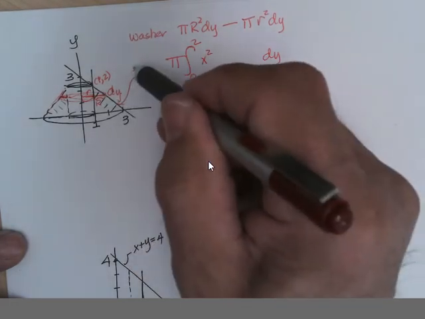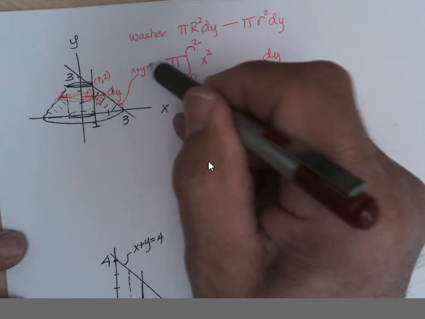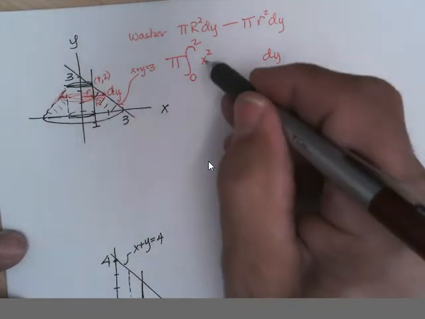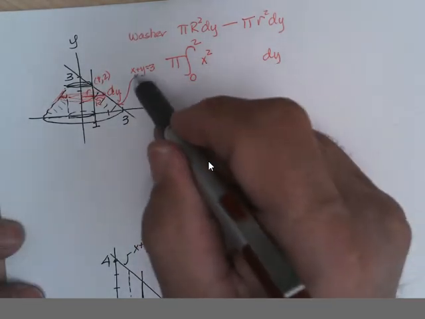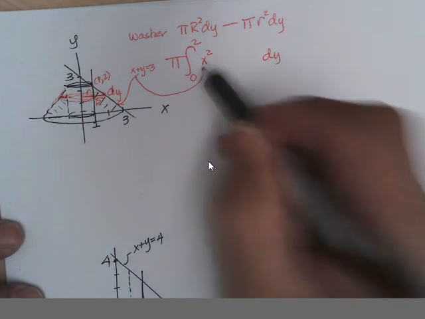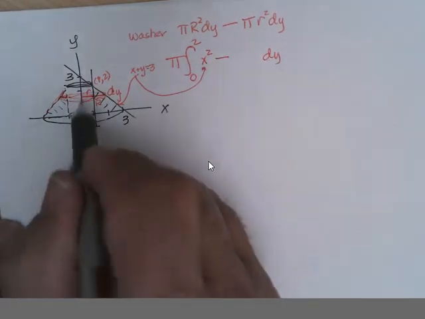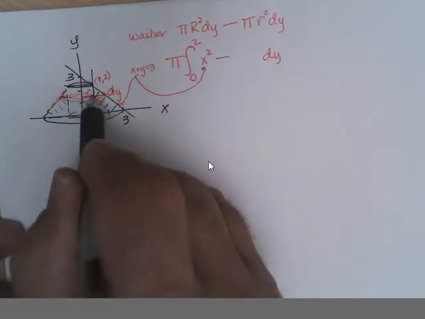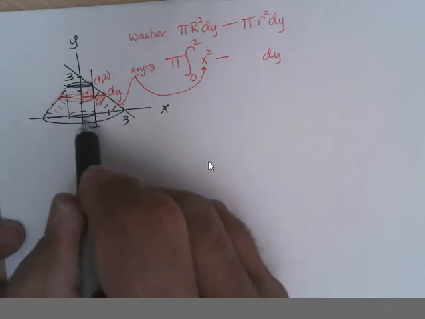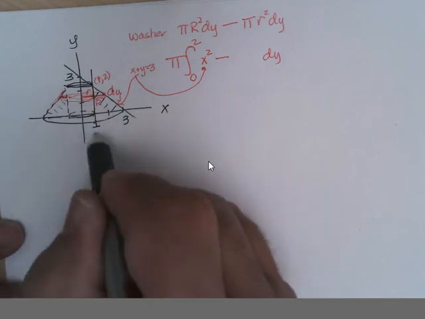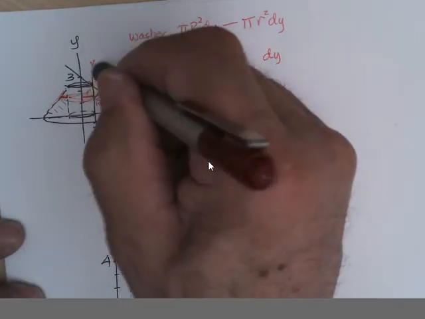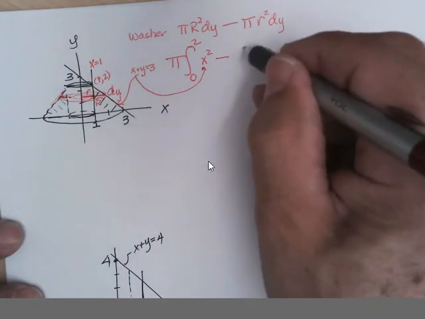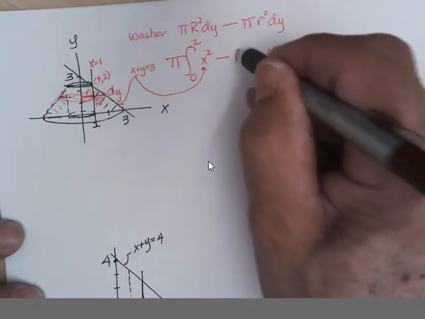So I'll call that line x plus y equals 3. That's the equation of that line if it goes through 3 and 3. And this is the x from here minus the small radius, which is also in the x direction. But that radius is always 1. So it's x, but it's also 1 because the equation of this line is x equals 1. So it's the small radius, x squared, but it's 1 squared.